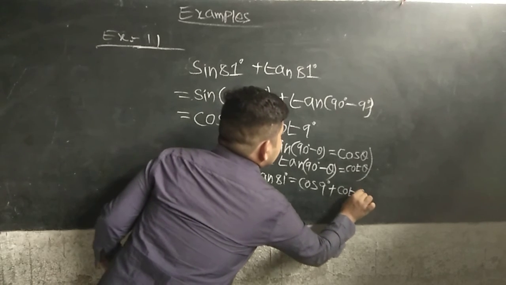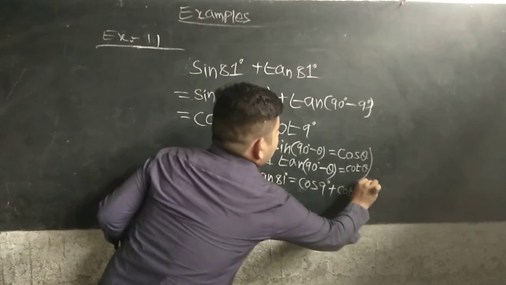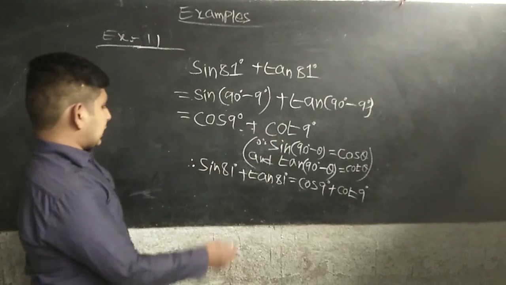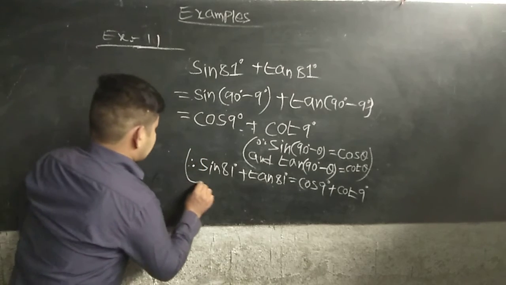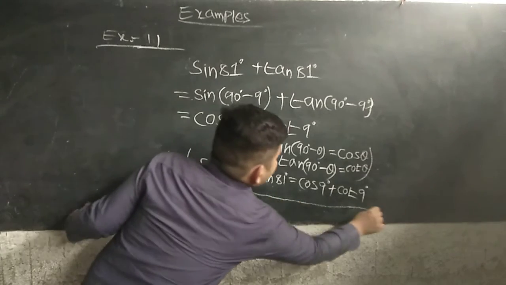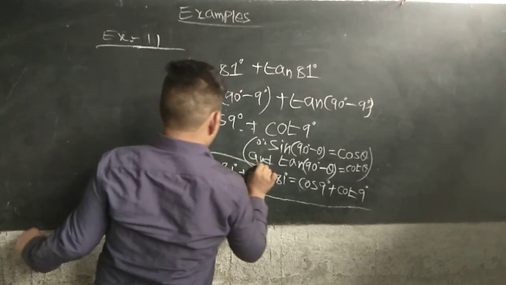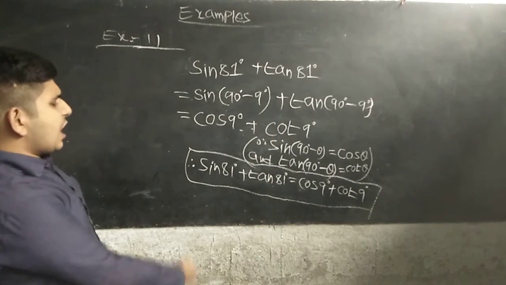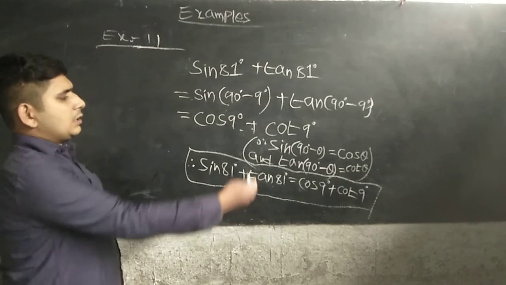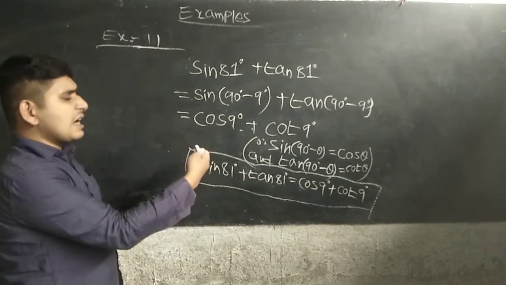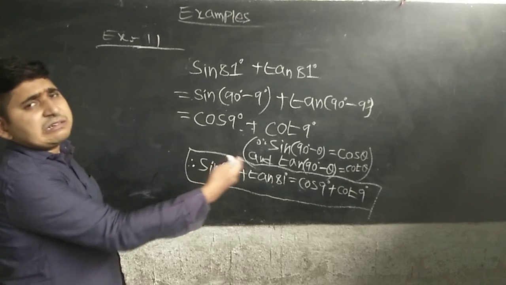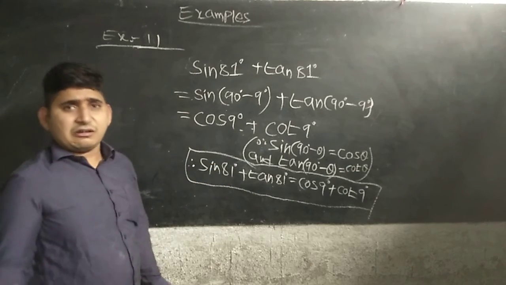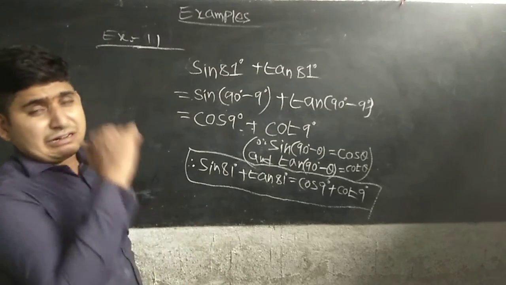Now this is the given answer. In the answer, we are using sin(90 minus theta) equals cos theta and tan(90 minus theta) equals cot theta. Any doubt? If you have doubt, come to school and clarify your doubts.